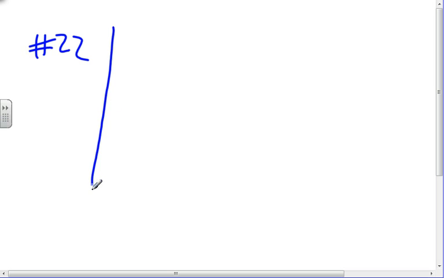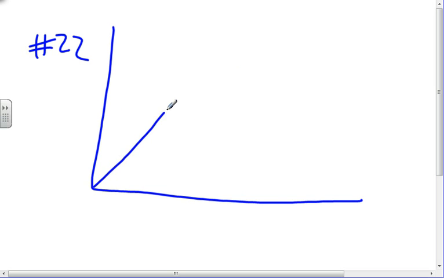This guy goes that way, he goes that way, he goes that way. This is 4. That's 7. This is 10. That's 0, and that is 5.